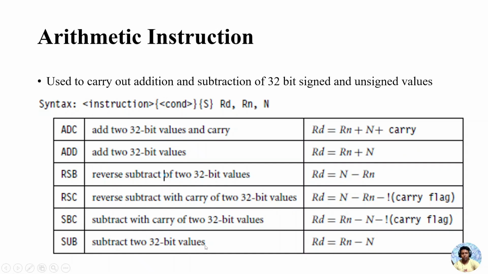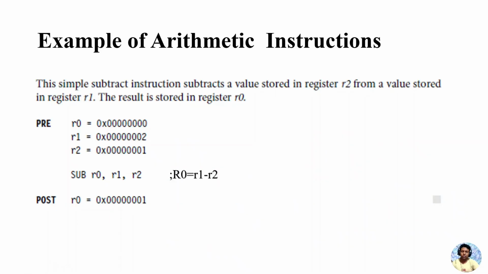SUB: subtract two 32-bit values. Let's see an example of an arithmetic instruction. This simple subtract instruction subtracts a value stored in register R2 from a value stored in register R1. The result is stored in register R0.